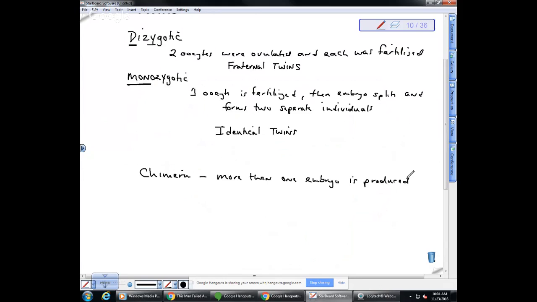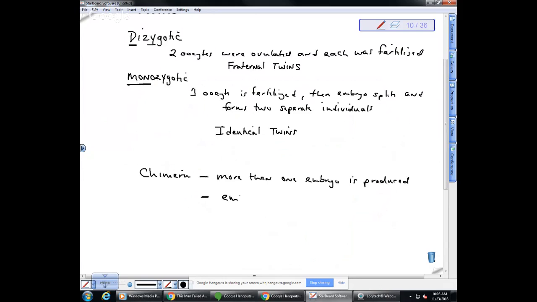Generally what happens is that one of the embryos dies and is reabsorbed, but sometimes the embryos can fuse to form an individual that has more than one type of cell type, so more than one genetic cell type.